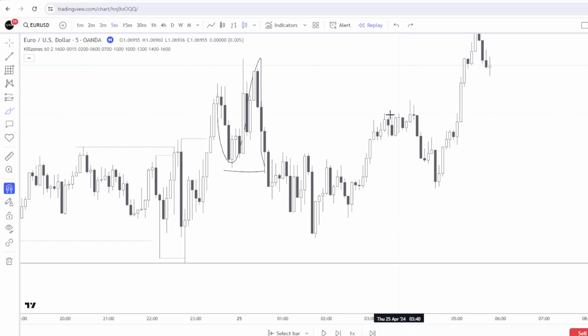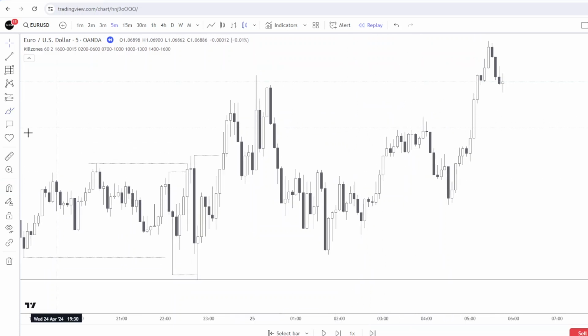So my entry was simple. We had our range from here on M5 to here. That's our opposite QM. Then we have our internal range liquidity right here.